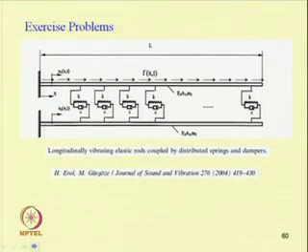So, one can take some exercise problems also. In this exercise problem, one can see this is a longitudinally vibrating elastic rod coupled by different springs. So, this is the longitudinal vibration.